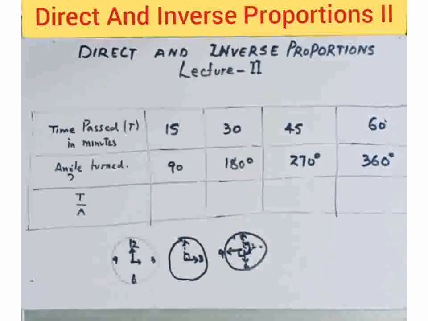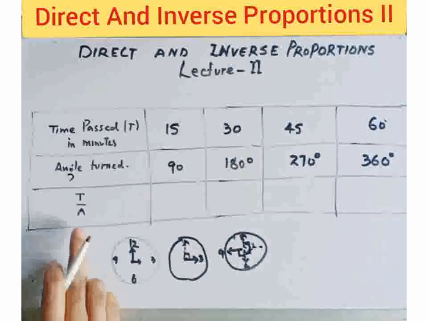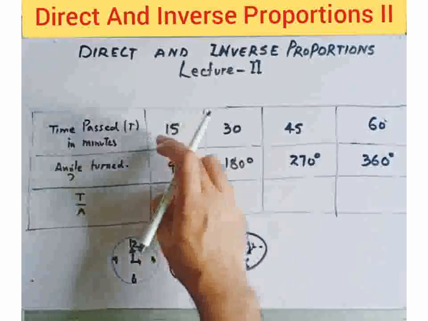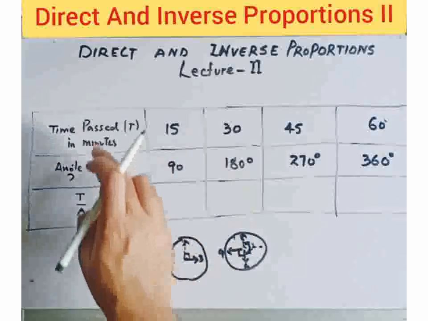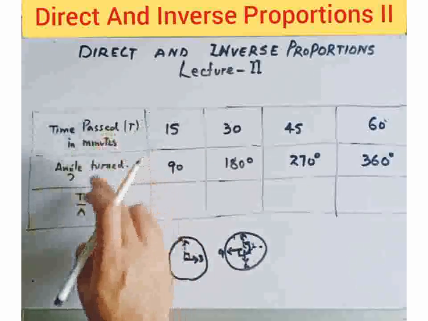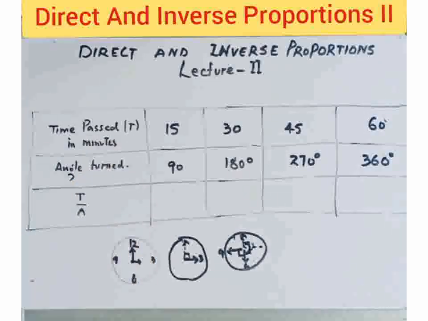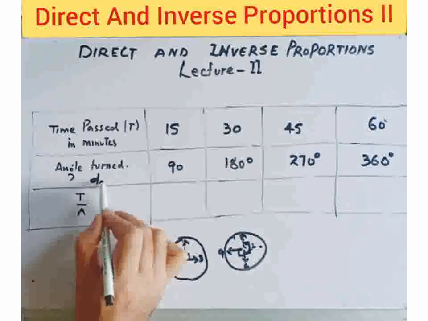Now try to find this T by A, that means the ratio between time passed and the angle turned. The angle turned is in degrees.